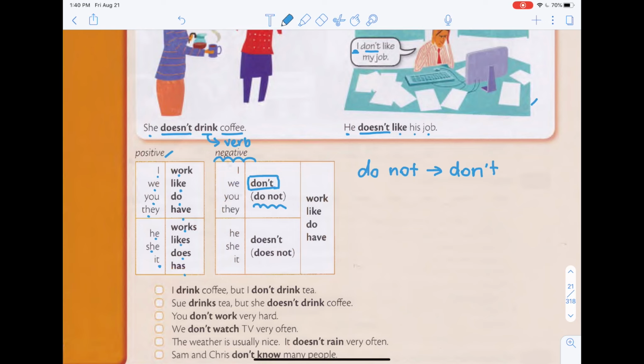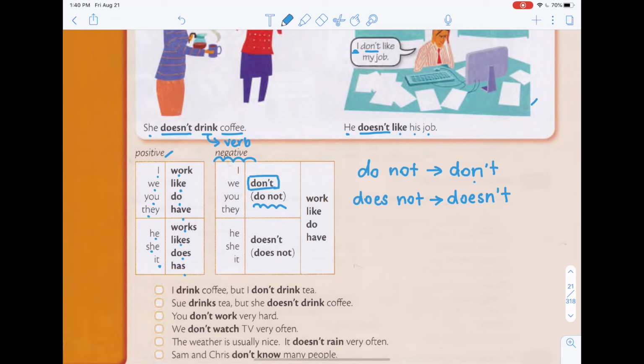Don't. Same with does not. Does not becomes doesn't. So how to remember is does n apostrophe t. The o becomes an apostrophe. That's how you remember. Okay? So do not becomes don't.